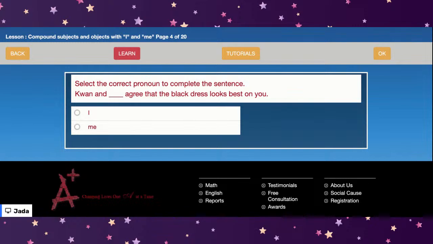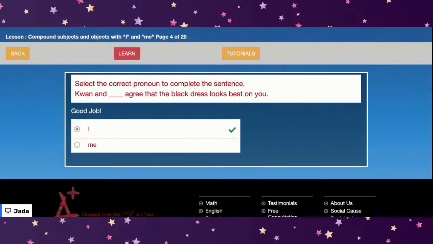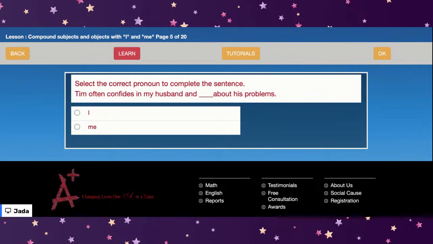So you say I. Next: Tim often confides in my husband and Dash about his problem. If you take away husband, you can say "Tim often confides in me." So me is the best pronoun here.